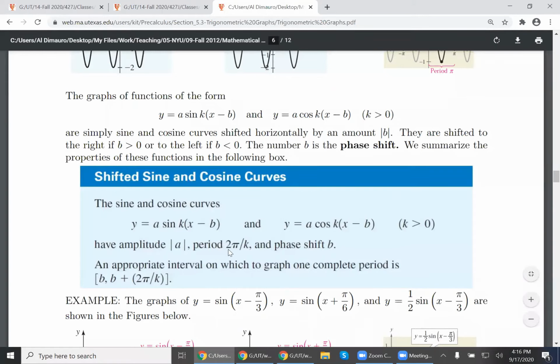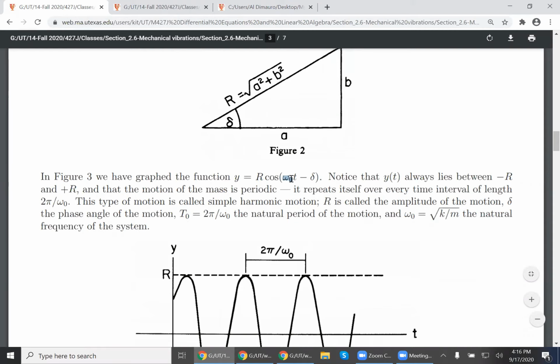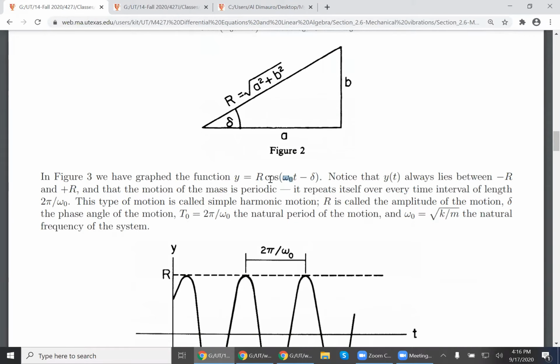So period is 2 pi divided by the coefficient in front of x. Note that in our case, the coefficient in front of t is omega 0. Therefore, the period of this function is 2 pi divided by omega 0.